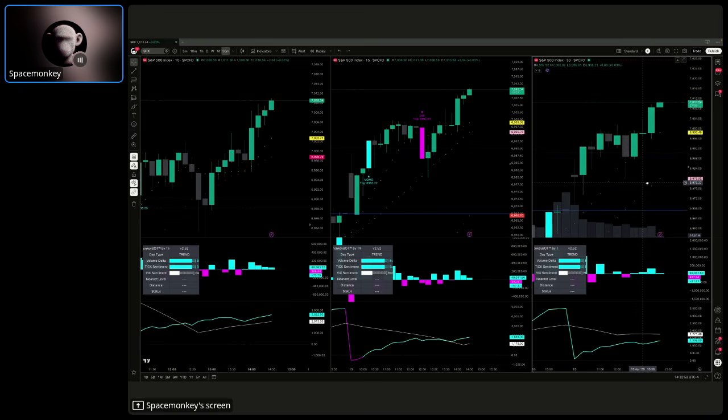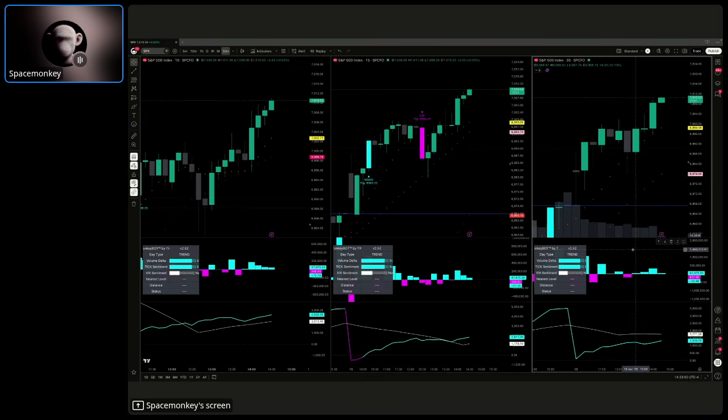Now, what you're seeing here in front of me is how I use monkeyBOT. I use the 10 on the left, the 15 in the middle, and the 30-minute on the right. So what I'm doing here is a multi-time frame analysis on the S&P 500 as I'm trading it. As I said earlier, the higher the time frame, the better quality it is. Okay?